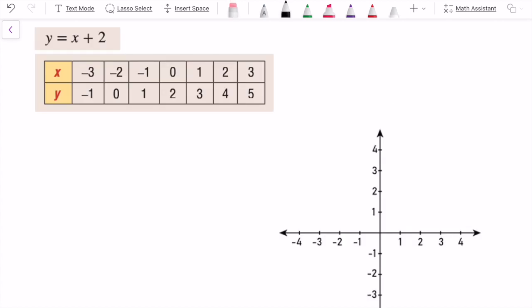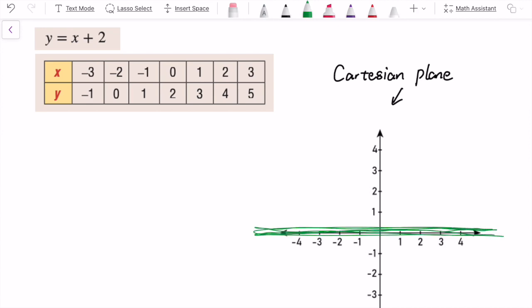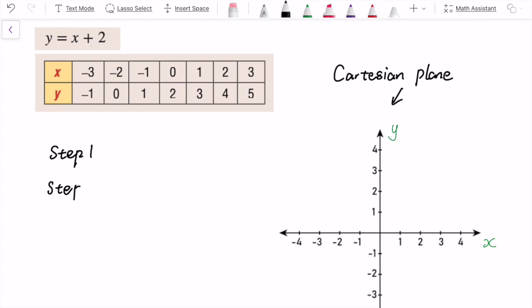This one is a Cartesian plane. A Cartesian plane has 2 lines. This is x, and the other is y. There are 3 steps to help you find out the graph. Step 1, step 2, and step 3.